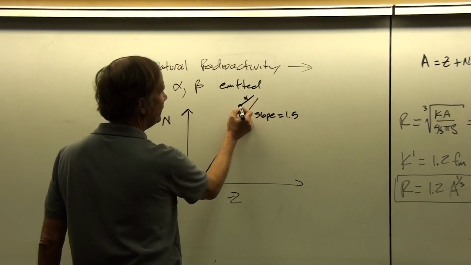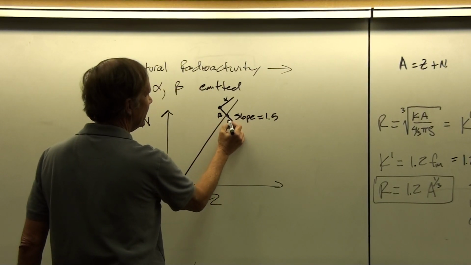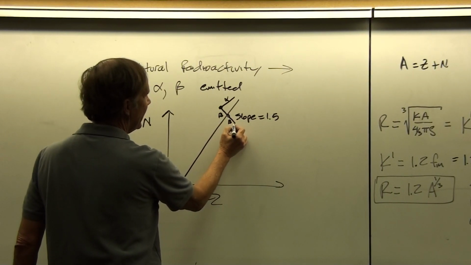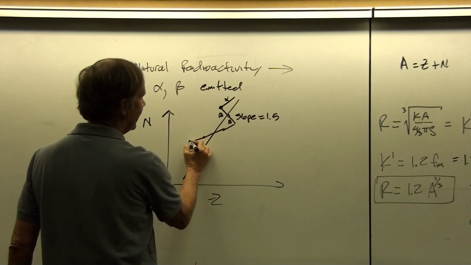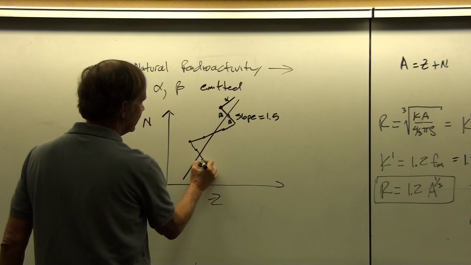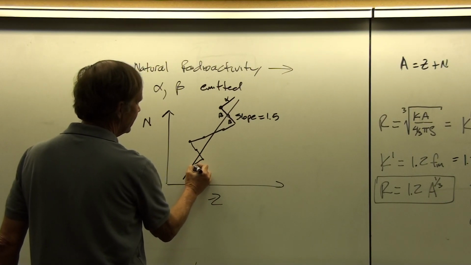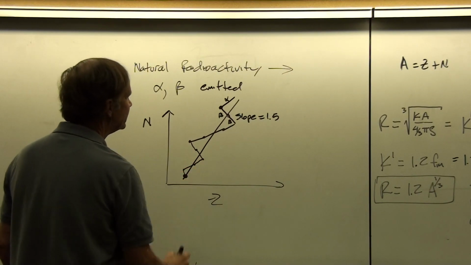So this is our alpha decay, this is our beta decay, maybe another beta decay here, then another alpha, then another alpha, and maybe another alpha, then a couple more beta, then another alpha, and then finally it reaches a point of relative stability.